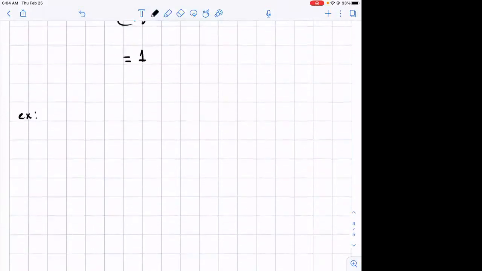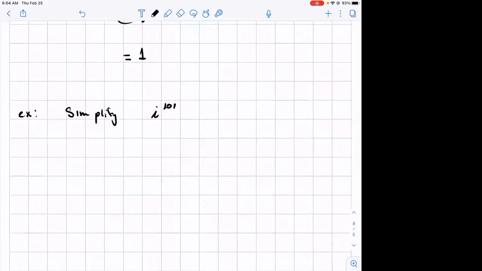Example, simplify i to the 101 power. Well, 101 is not even, it's not divisible by 2. So I will rewrite this as i to the 100 times i, which is the same as i to the 101.